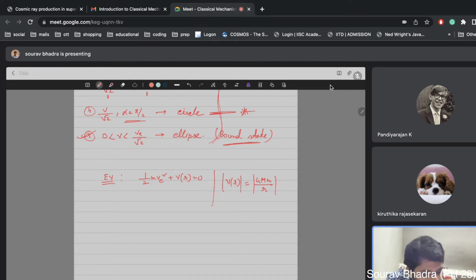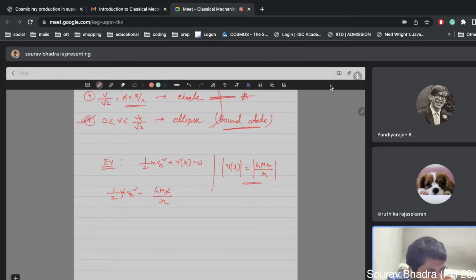Now if you use this, I am trying to find out the escape velocity of a particle which is thrown from the earth. So your half mv square is equal to GMm by r. This m will cancel out, where capital M is the mass of earth and small m is the mass of the particle. That much you know, I think.